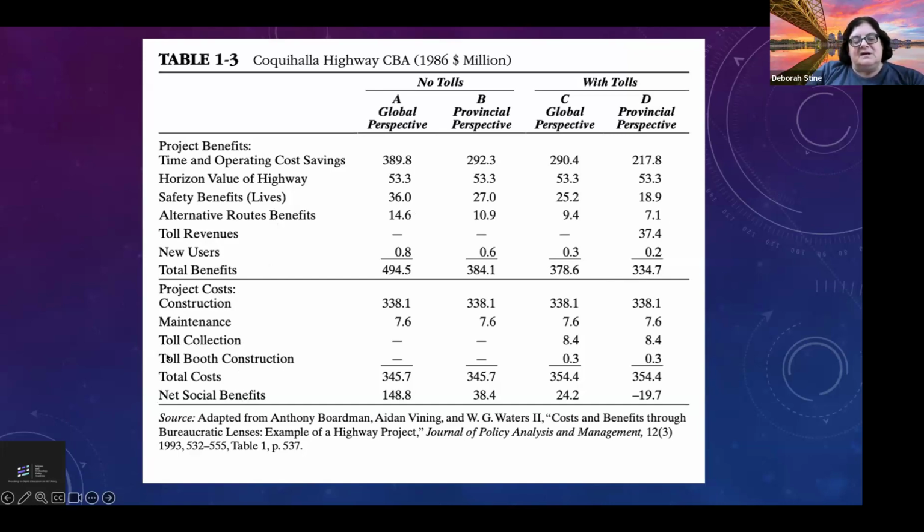So you see here that there's cost for the toll because you have to have people working it, and the construction of the booths, but then there's also benefits when it comes to revenues. And so you'll see here the two options we're looking at, without tolls and with tolls. You're comparing the total benefits versus the project costs, which give the net societal benefits.